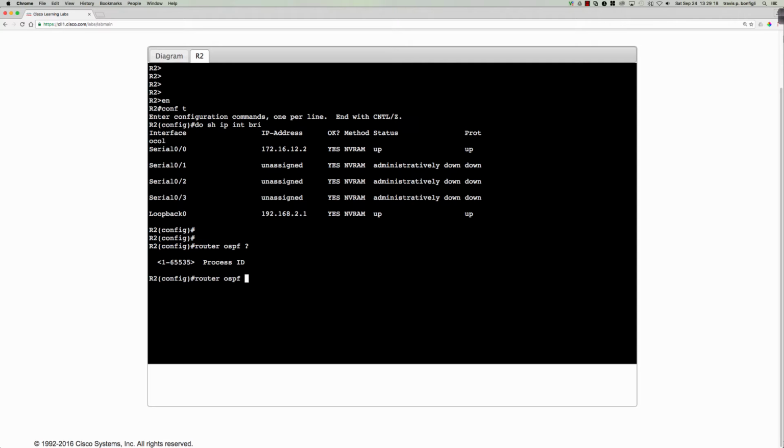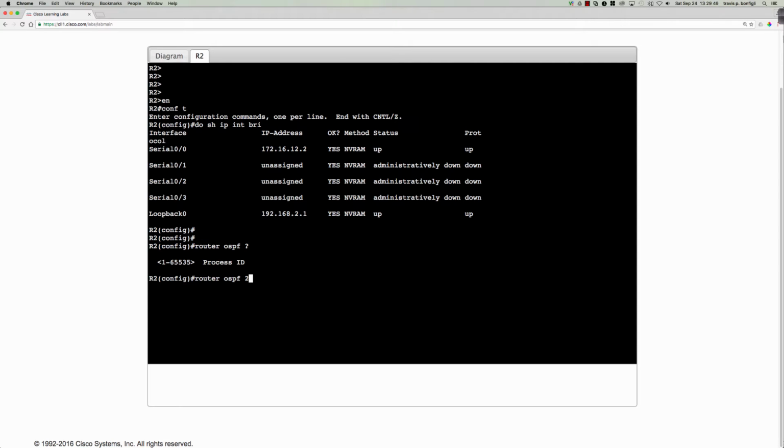With OSPF, it's the area designator on the interface in question that determines whether or not two OSPF routers are in the same area. And so the process ID, when you do your reading, you'll see that it says that the process ID is locally significant. And that is true in our scope.